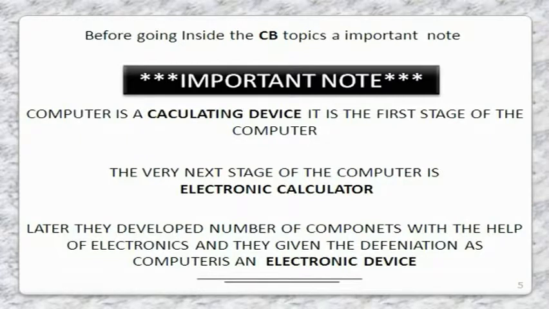Jacks, wheels, gears, pulleys, etc. And the very next stage is the electronical calculator. Then later they developed a number of components with the help of electronics and named the computer an electronical device. So remember the definition of the computer. A computer is a calculating electronical device.